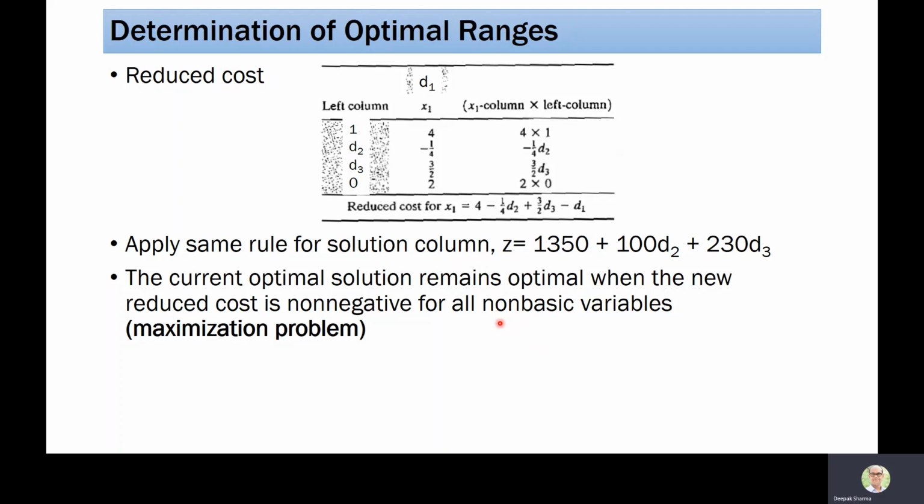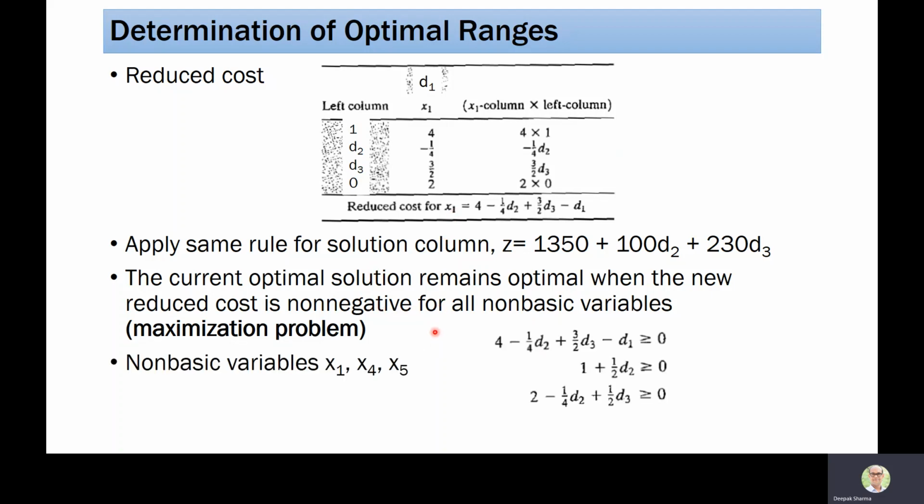This is the condition of optimality for a maximization problem. Since we want our optimal solution not to change, we want the reduced cost of X1 to be greater than or equal to 0. We have three non-basic variables, and we have written the condition.